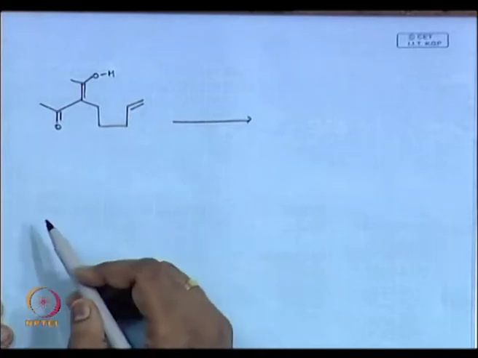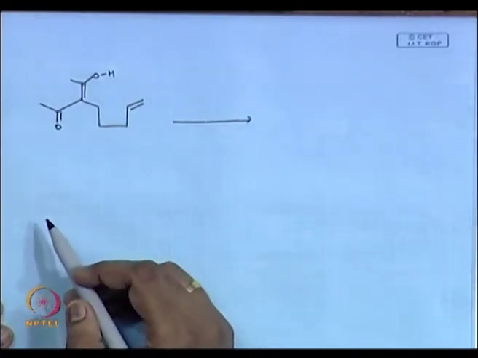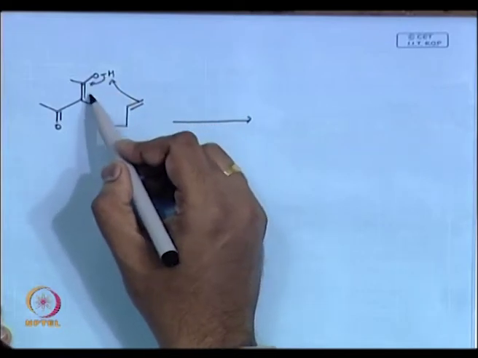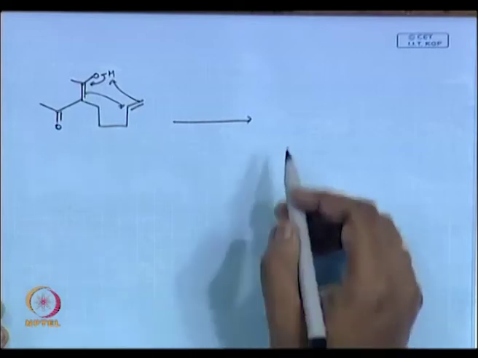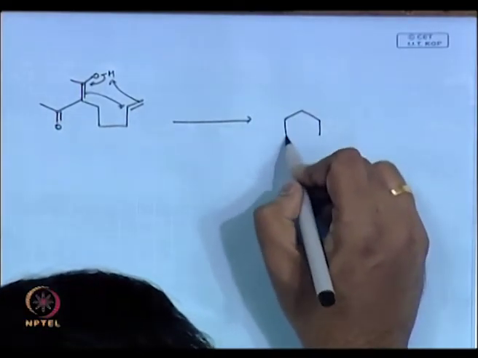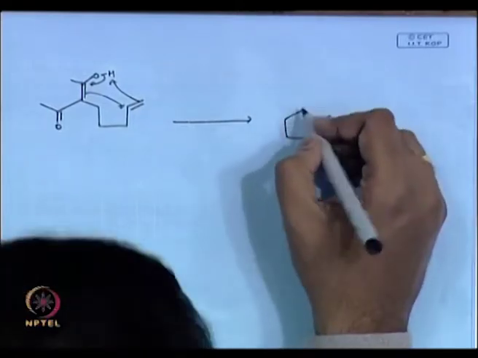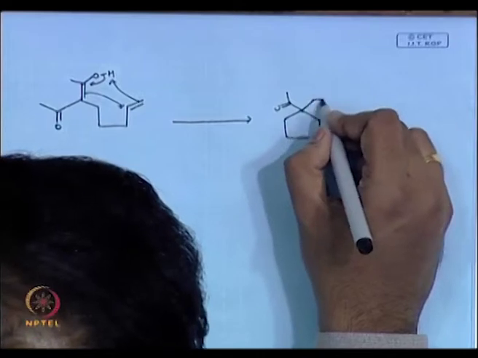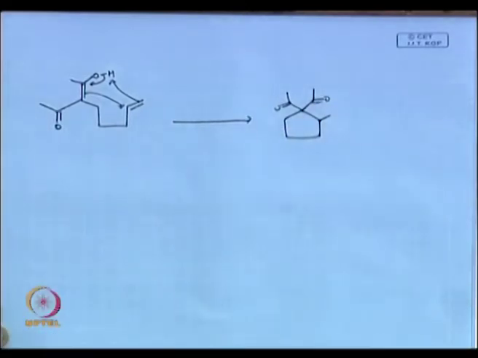So, I can take this. What product will we get? It is a nice 5 member ring, right? See, you get a very nice product with your ene reaction.